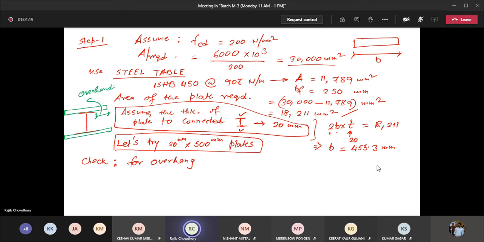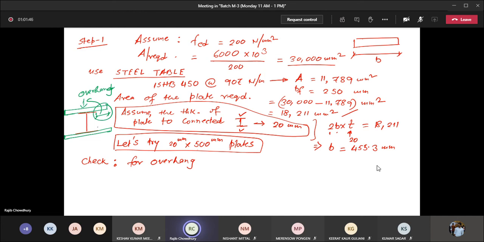If the overhang portion is significantly large, what would happen? Intuitively, you can say on the top of that a load is being applied over here. This portion will get locally buckled. Is it not?